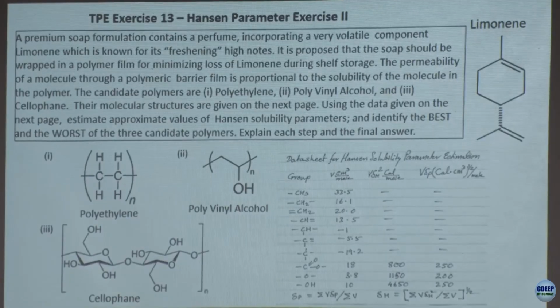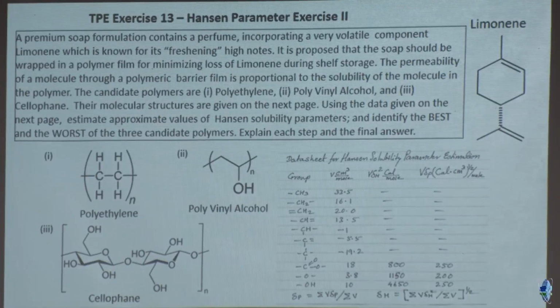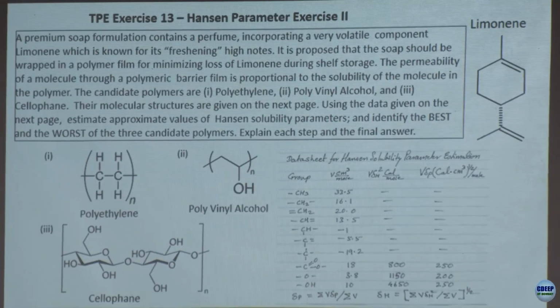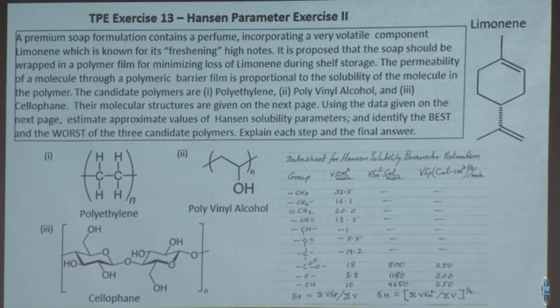So now one would like to have limonene in soap, but we do not want limonene to vaporize and get lost on the shelf. So what is the material or the barrier film that we can use in order to retain limonene in soap? So this is the problem in packaging.